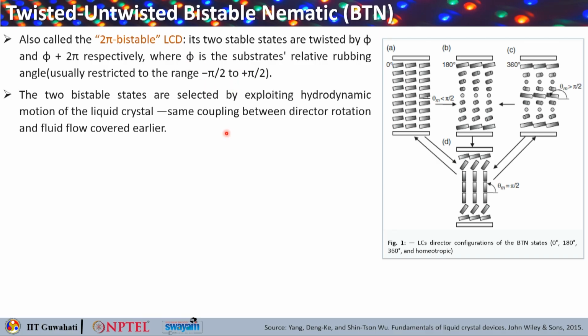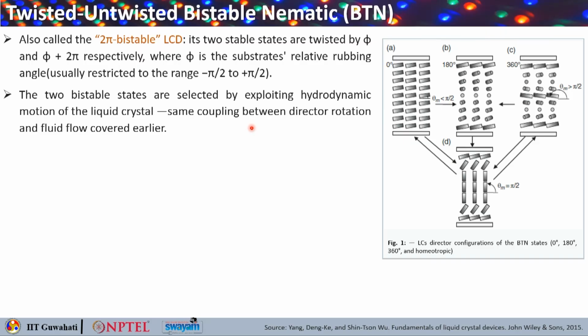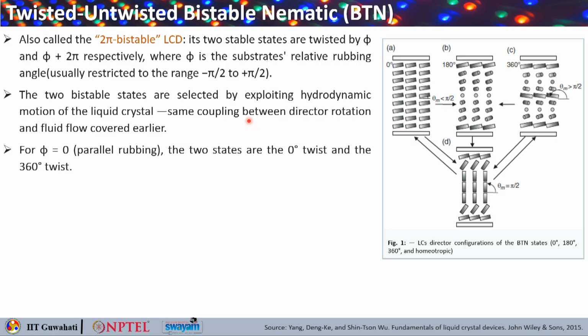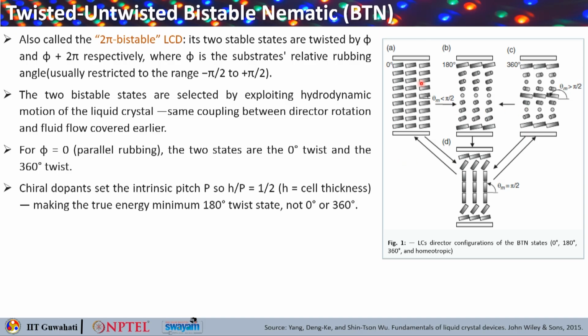So the 2 bistable states are selected by exploiting hydrodynamic motion of the liquid crystal. This is basically the same coupling between the director rotation and fluid flow which was covered earlier. Now let us consider the first case of phi equals 0, that means the parallel rubbing. In that case, the two states are 0 degree twist and 360 degree twist, as you can see here.